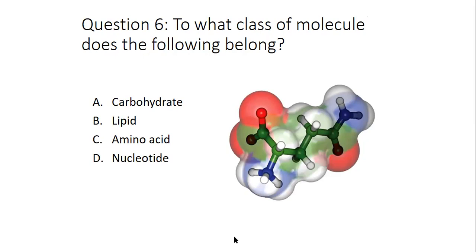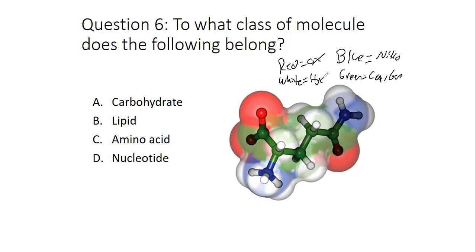Just to give you some representation, red is oxygen, blue is nitrogen, green is carbon, white is hydrogen. So see if you can use this, what's called a ball and stick representation, to determine what type of molecule this is.